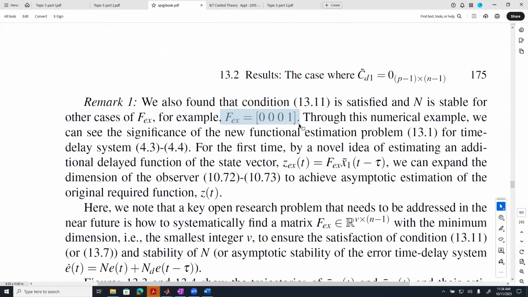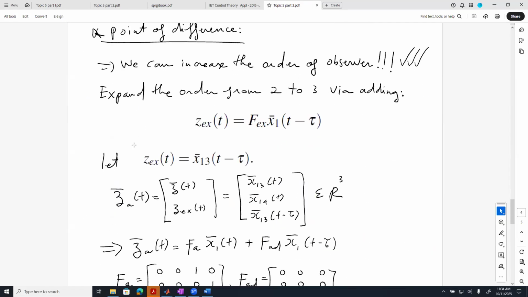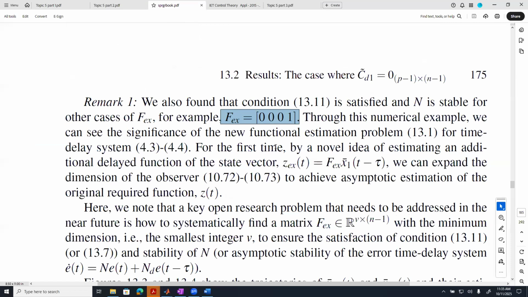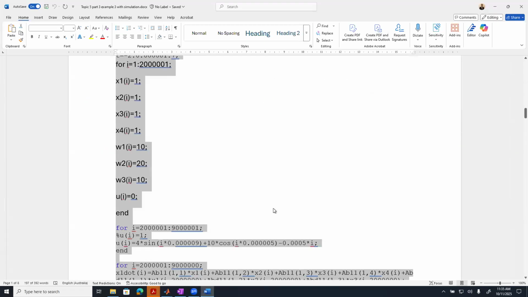This extra functional is not like the third one, not like the one that we picked in here, but there is another functional which is the delay of the variable number 4. And even if we do that, it also works as well.